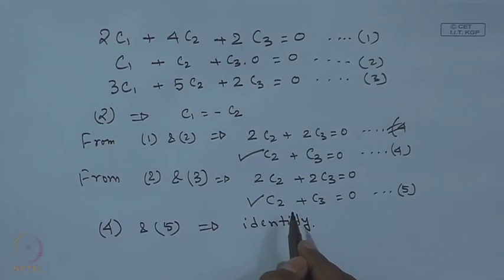Now, the solution is C2 is equal to minus C3, and there will be an infinite number of solutions present in this system. There will be no definite unique answer.